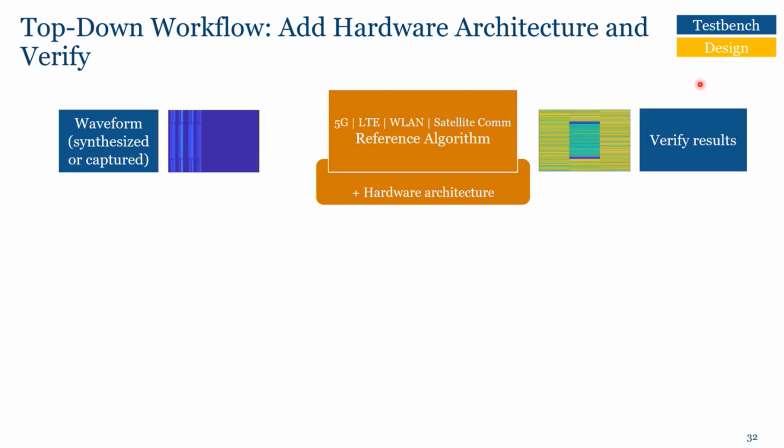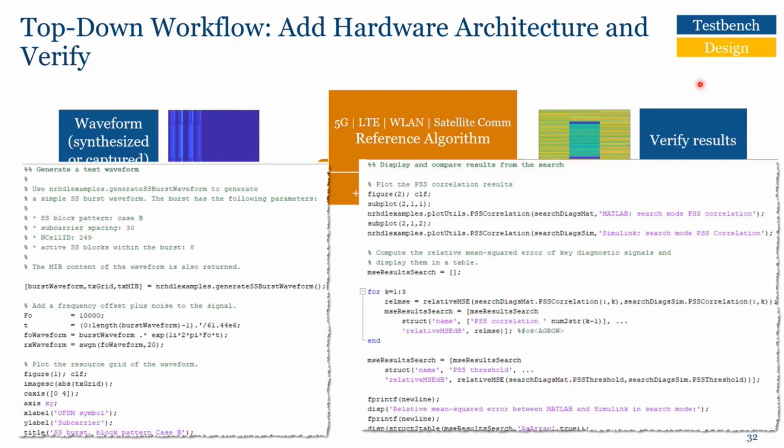For our reference algorithm, the first step is adding a hardware architecture. So we will go, like usual, from a MATLAB representation of our algorithm, even a more detailed, implementation-oriented algorithm in MATLAB.